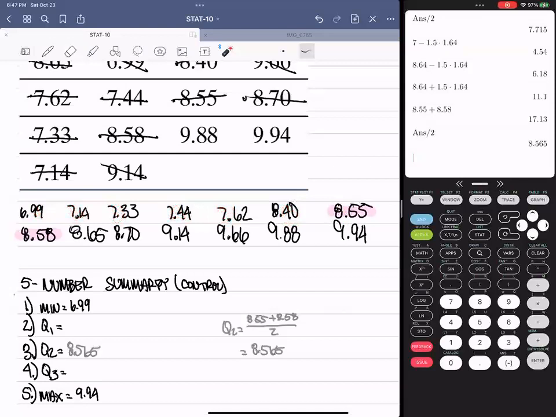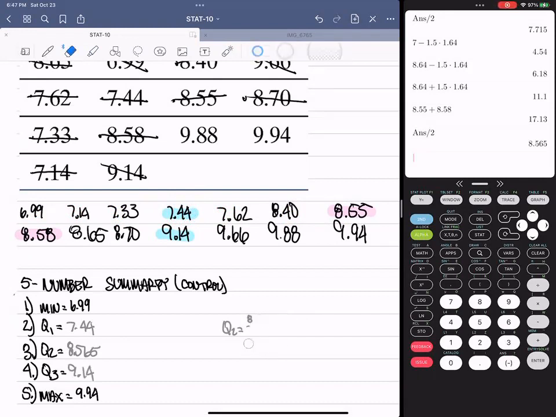So the middle number in a data set of 7 data values is going to be the fourth value. So we could just say 4 here, and that's the fourth value there too. So this is going to be 7.44. This one's 9.14.